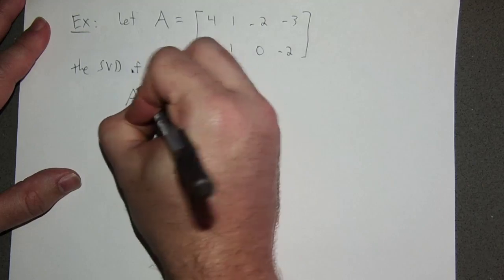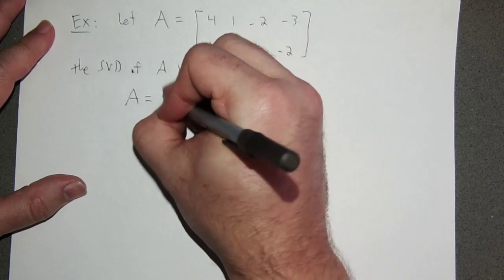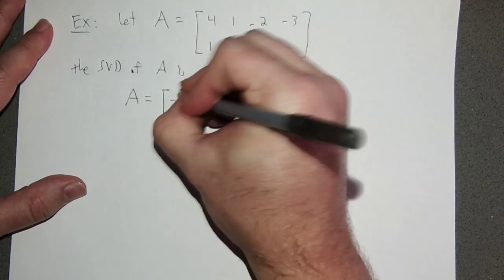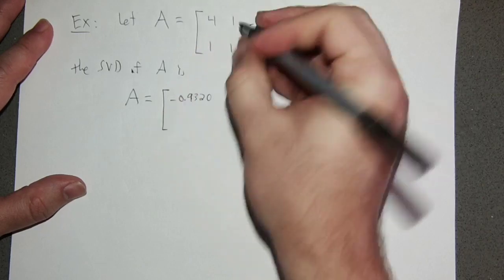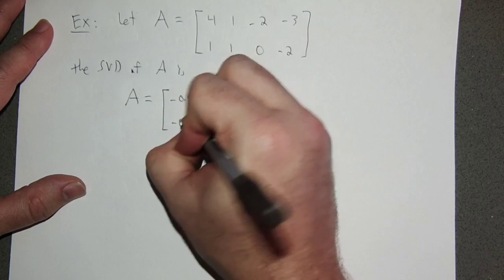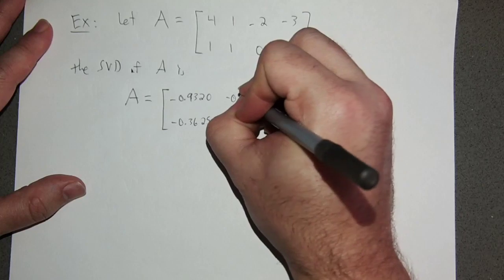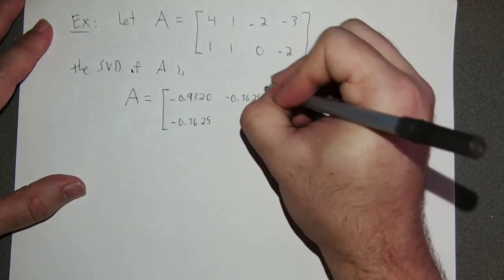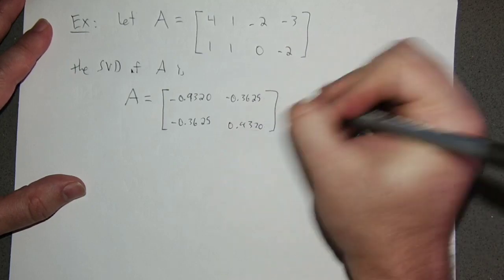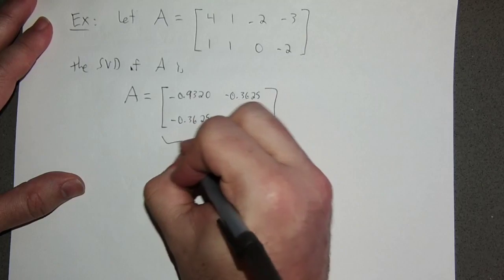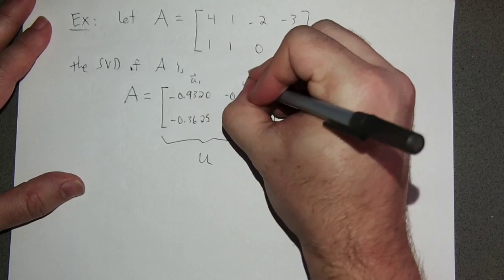A is U sigma V transpose, where U is minus 0.9320, minus 0.3625, minus 0.3625, 0.9320. So I'll go ahead and call this U. This column is U1. This column is U2.